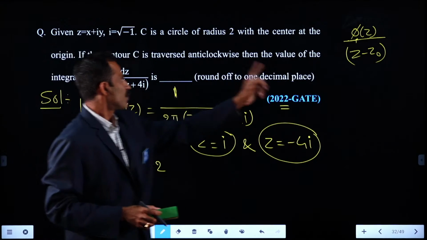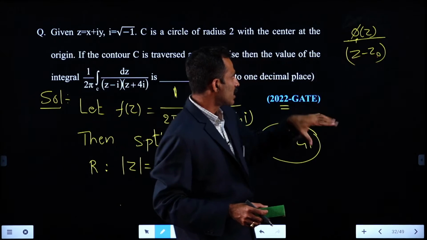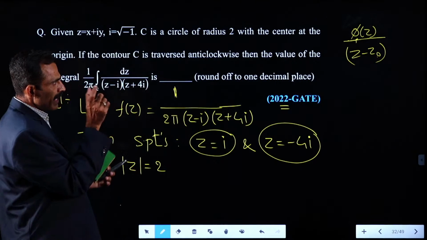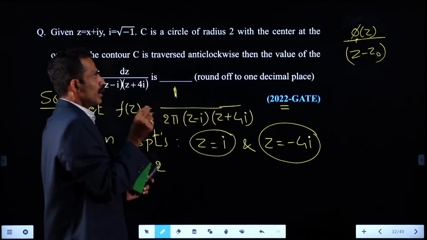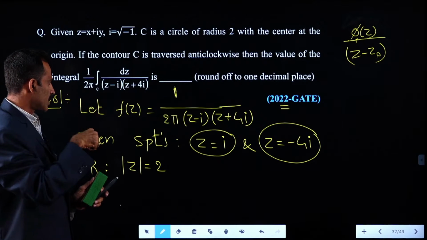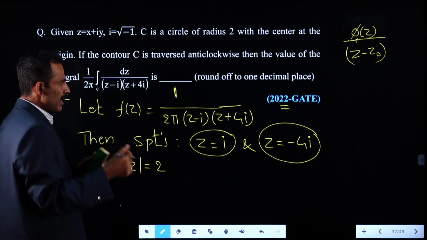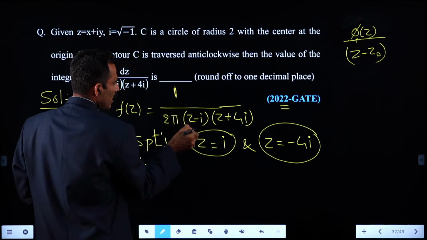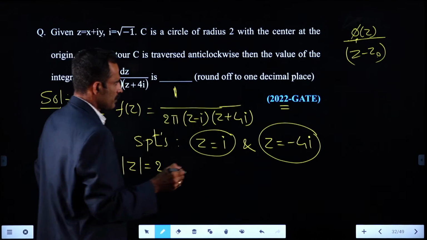To write this in this form, the denominator point should lie inside the region, and phi should be analytic inside the region and on the region. So whatever factor we take in the denominator will give the point z0, and that z0 should lie inside the region only. Here also, this singular point lies inside the region and comes from this factor. So keep this factor in the denominator and take the remaining function as the numerator function.